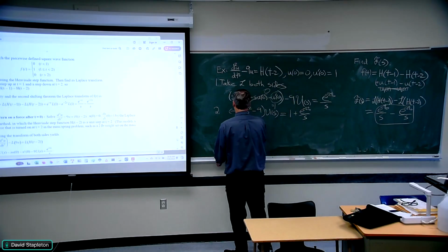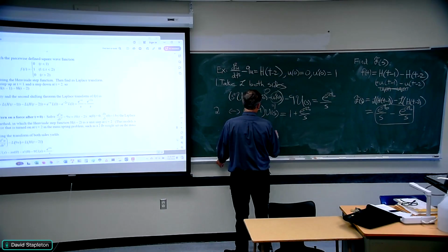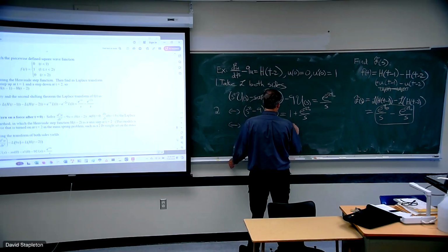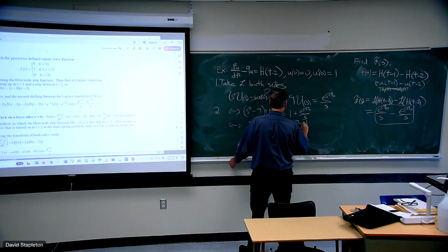And now we divide by s squared minus 9 and write that U of s must be 1 over s squared minus 9 plus e to the minus 2s times 1 over s times s squared minus 9.